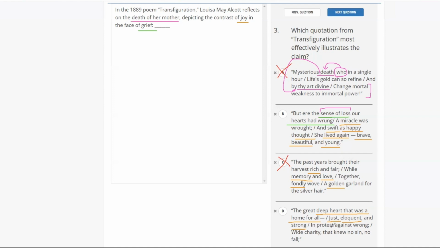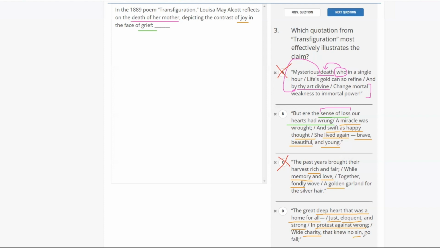Next, in protest against wrong. Protesting wrong is a good thing. Next, wide charity. Charity is a positive thing. That's helping the underprivileged. That knew no sin, no fall. Does fall refer to a season or does it refer to not falling down? I'm not sure, so I'm not going to worry about fall, but sin.